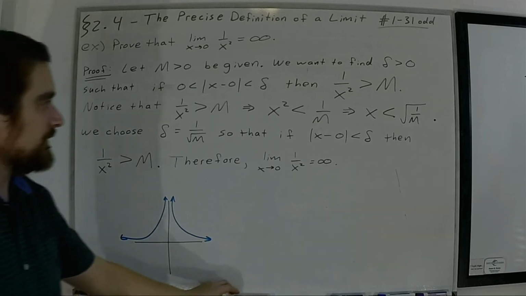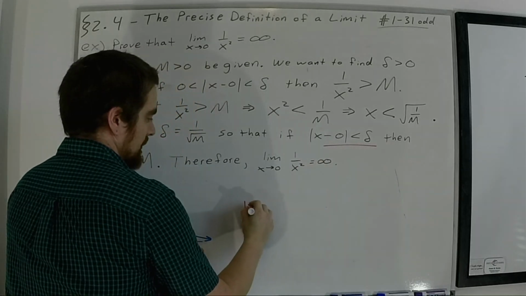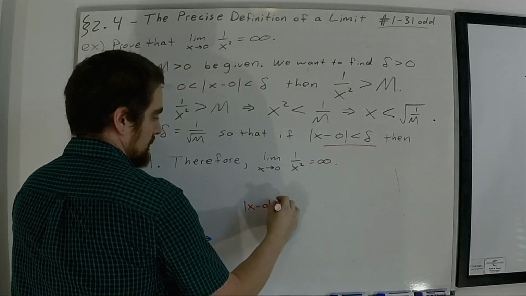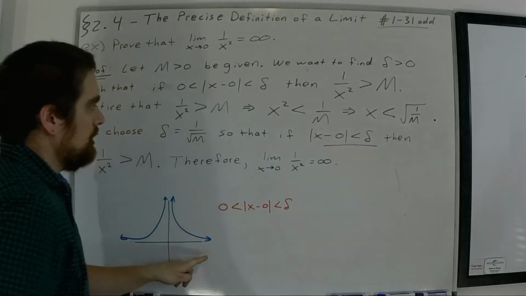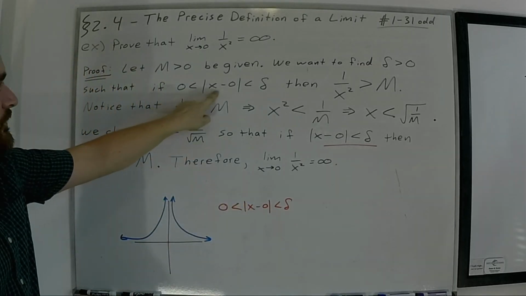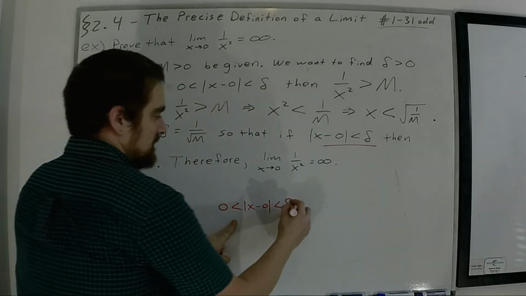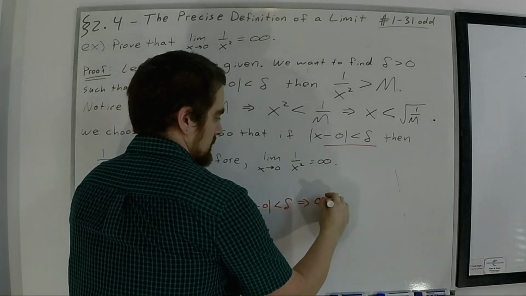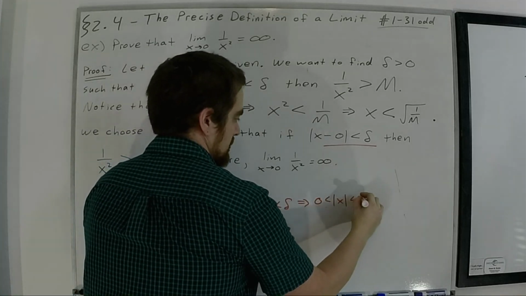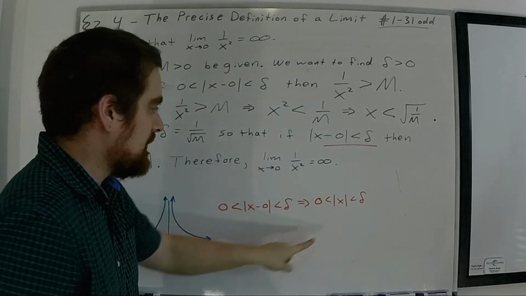So now what we're saying is, if the absolute value of x minus 0 is less than delta, which, when we start off looking at the definition, if 0 is less than the absolute value of x minus 0 is less than delta, what this allows us to say is that 0 is less than the absolute value of x is less than delta. Well, this is positive, so we don't even need the absolute values.